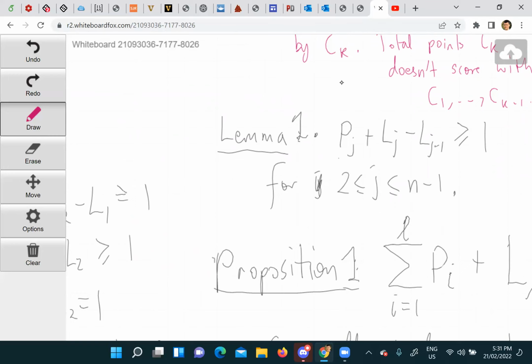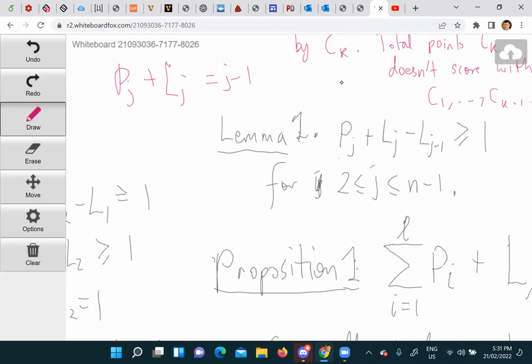What are you trying to prove? What is your argument? What is your statement? You're saying Pj plus Lj equals j minus 1. Yeah, but in the previous one, we did Lj minus 1 plus something instead of j minus 1.